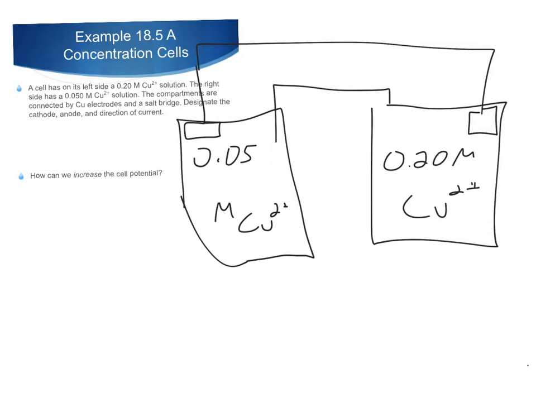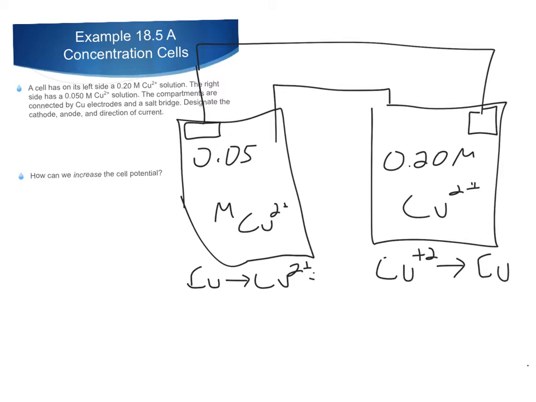In order to get this copper to go up, we need the solid copper to turn into copper 2. And in order for this copper to go down, we need the aqueous copper 2 to turn into solid copper. So those are our half reactions.